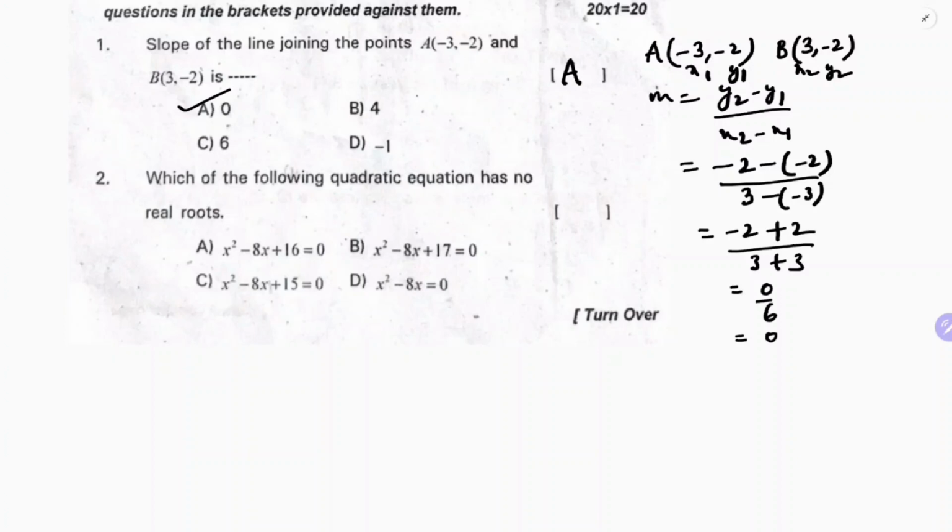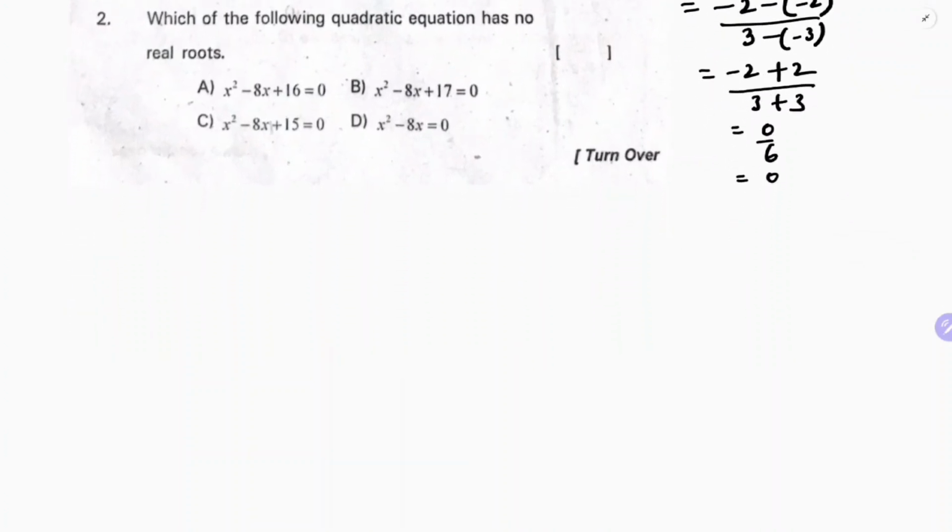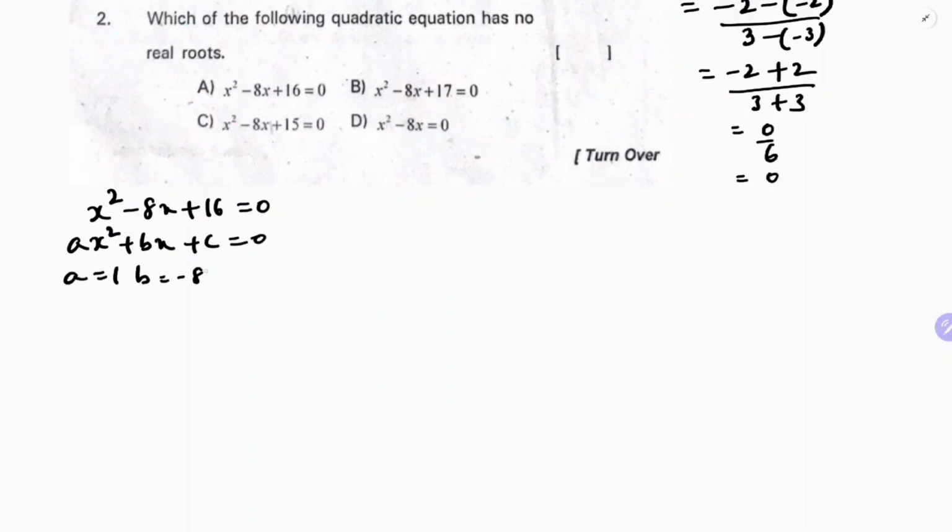Which of the following quadratic equations has no real roots? To decide the nature, we need to find the discriminant. Taking the first option, x square minus 8x plus 16, if we compare with the standard form ax square plus bx plus c, the value of a is 1, b is minus 8, c is 16.